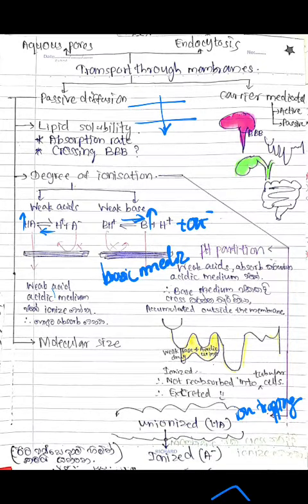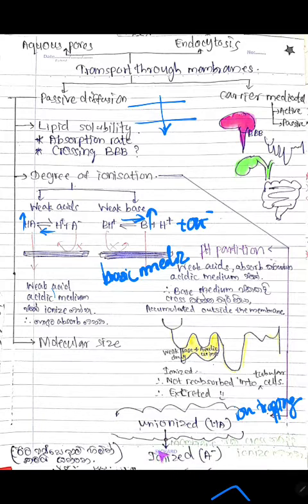So it is a good aspect that weak base drugs are excreted in acidic urine. What is ion trapping? We give the unionized form of the drug, and that unionized form, when crossing through the cell membrane, is converted into the ionized form.